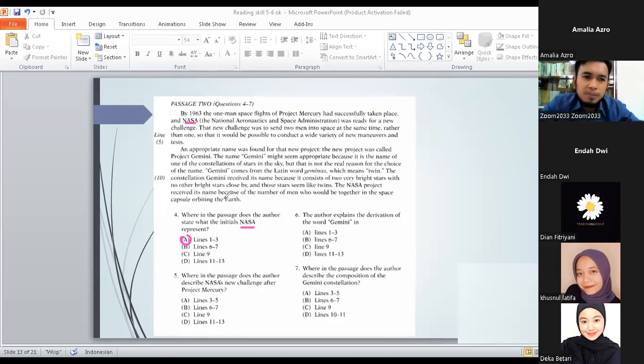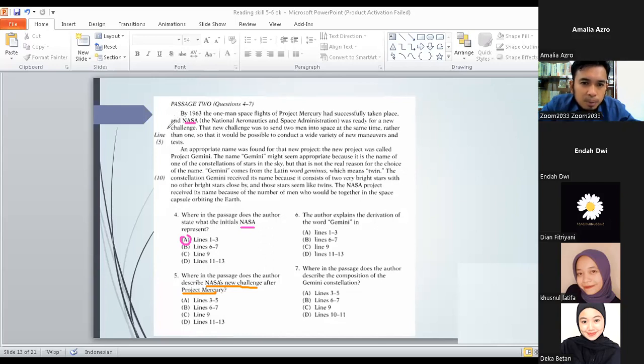Okay, what about number 5? Where in the passage does the author describe a NASA new challenge? This is the keyword, new challenge, after Project Mercury. So where can you find it? Alpha, lines 3 until 5.